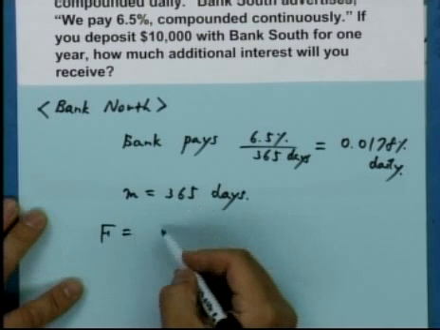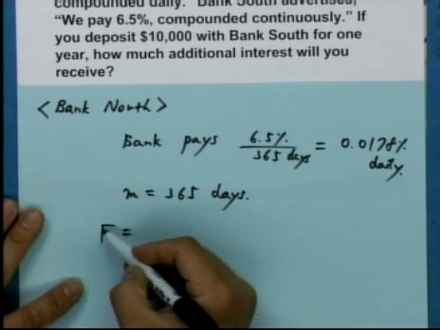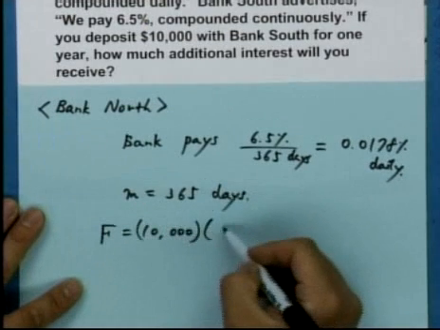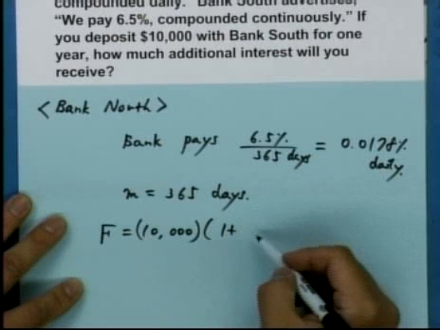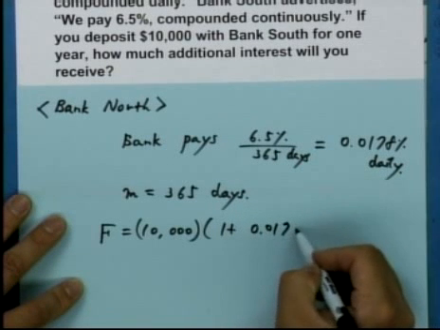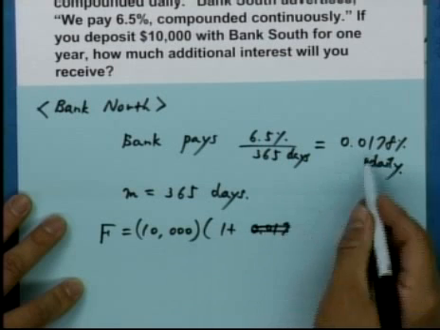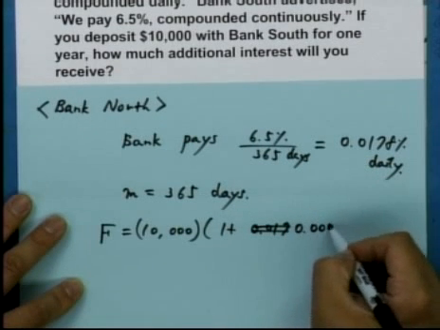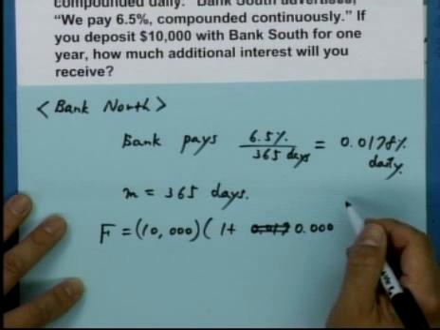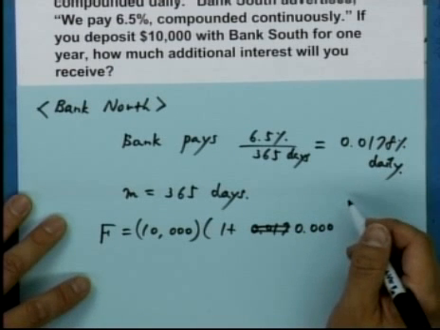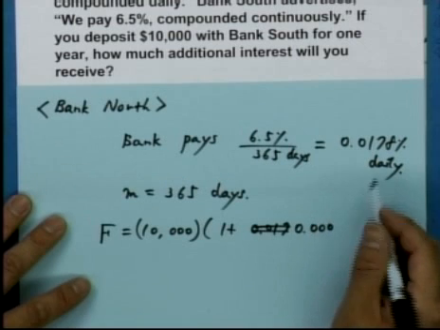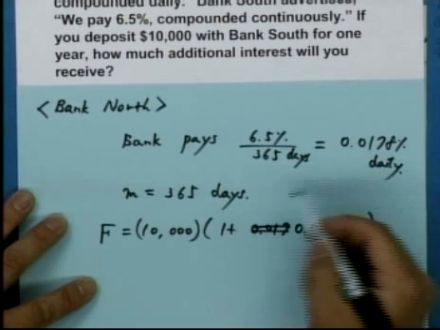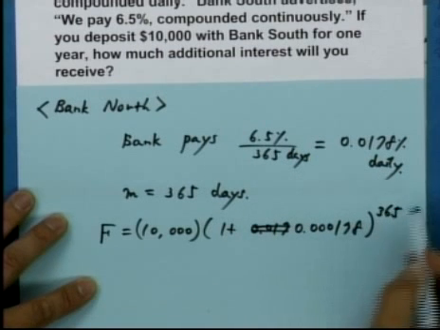If that is the case, the future sum of money after 1 year becomes 10,000 times 1 plus 0.0178. Oh, I'm sorry, that is the percentage. So 0.000178, to the power 365, right?